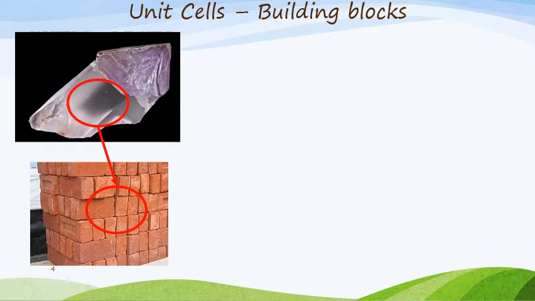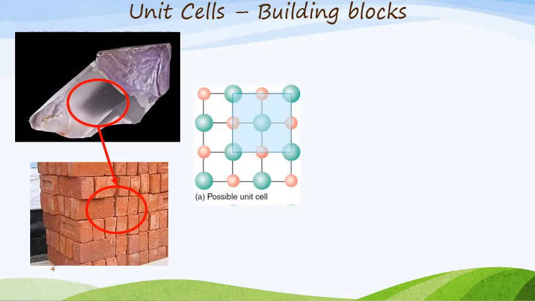So if we had to look at these 2 pictures that we see on the left-hand side of the slide, the top one is a picture of amethyst quartz, and the bottom one is a picture of bricks that have been arranged in some kind of random order. What we need to look at is what are the possible arrangements of the atoms inside those materials that is going to give a regular repeating order of atoms.